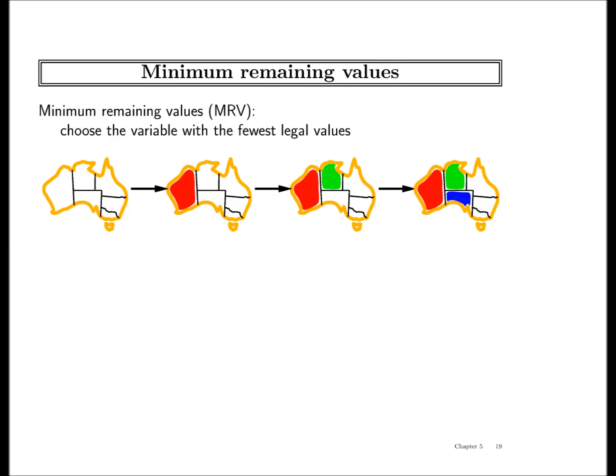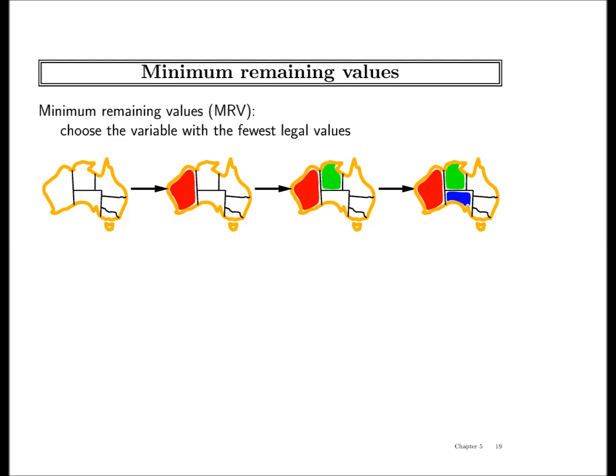So initially, every variable has 3 values. Let's suppose we assign Western Australia. Then, how many remaining values do we have for Northern Territory? How many remaining values do we have for Southern Australia?